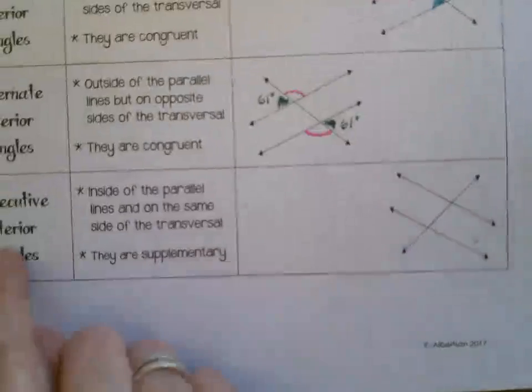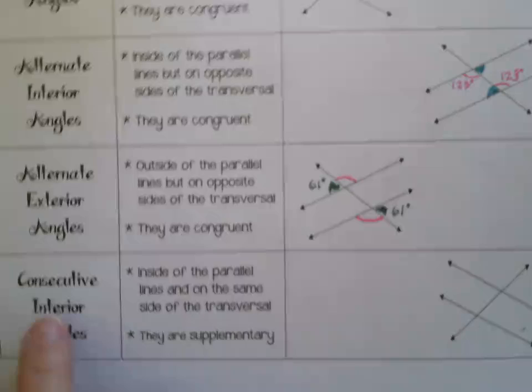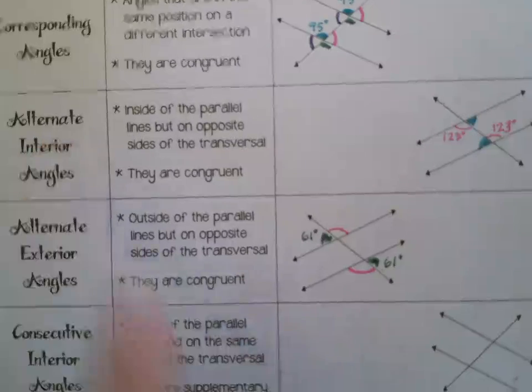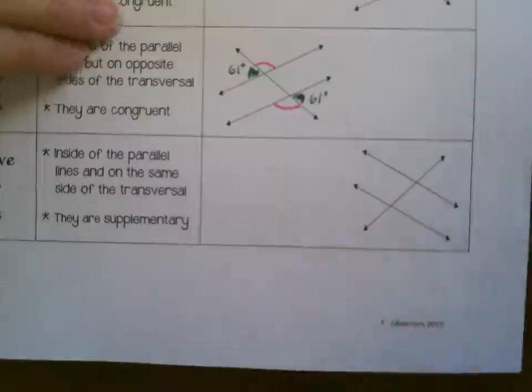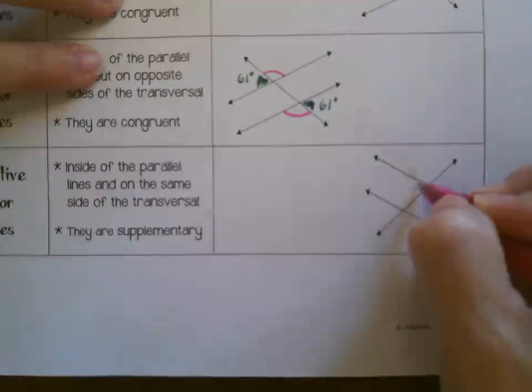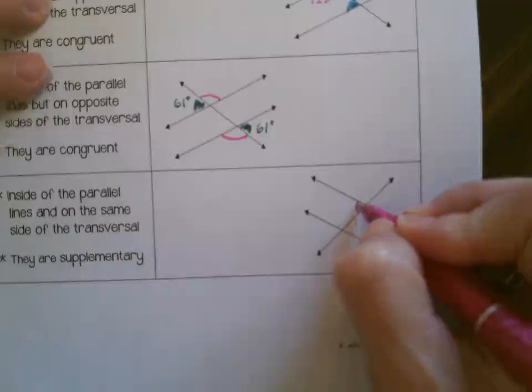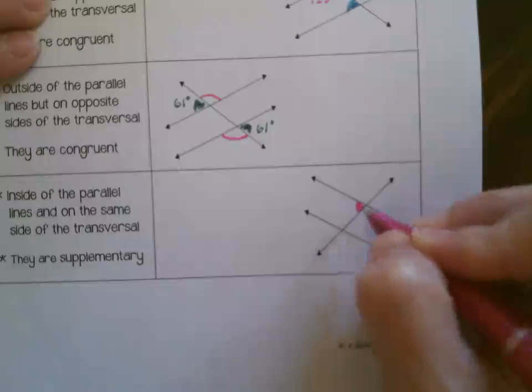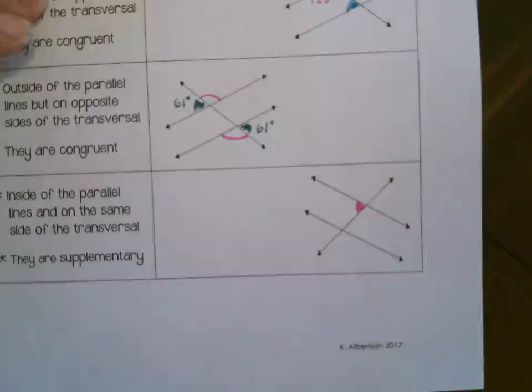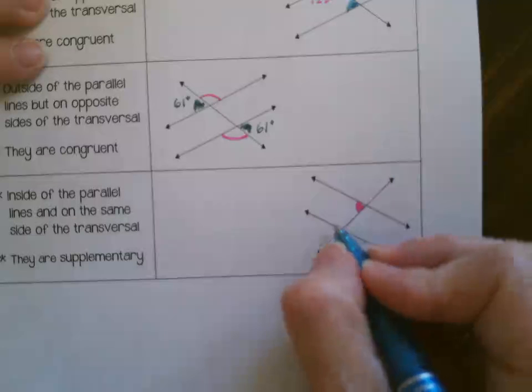All right, consecutive interior angles. So what's happening here is they're interior, just like these were interior, but they're consecutive, not alternate. So what that means is they're on the same side. So this angle right here is inside of the parallel lines, and so is this one.